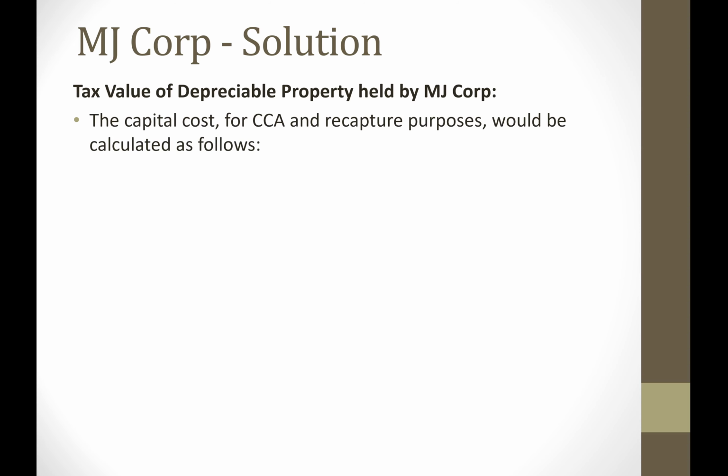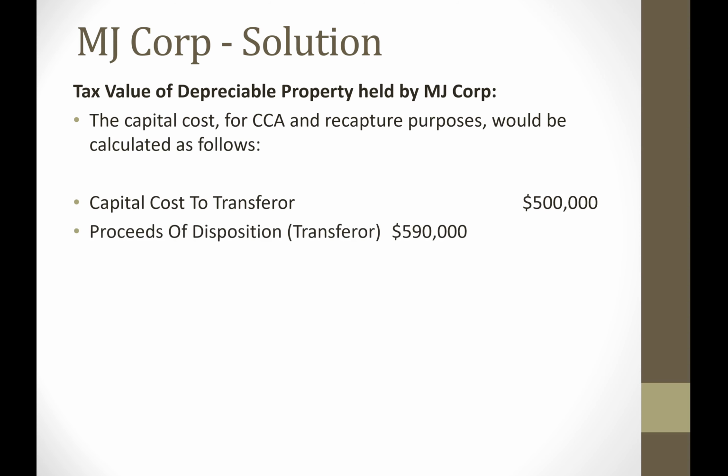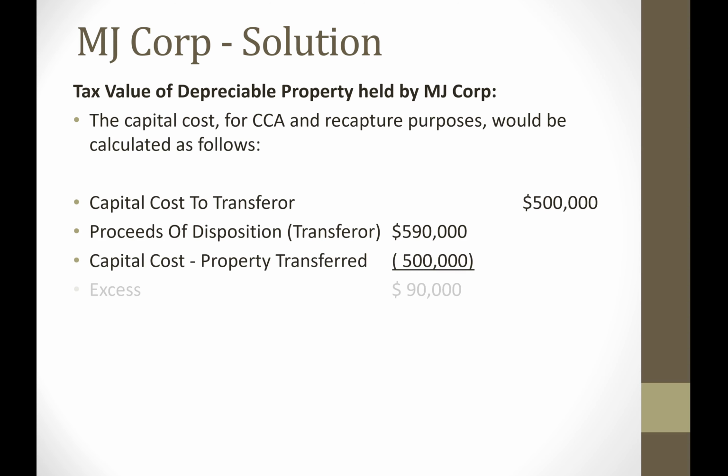In order to do this calculation, we start off with the capital cost to the transferor, Lucy. Lucy's cost was 500,000. Then we make an adjustment based on the proceeds of disposition to Lucy minus the cost, and that's where we get that capital gain of 90,000 again.